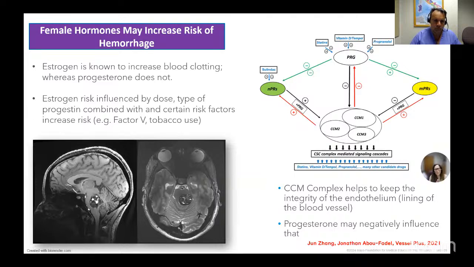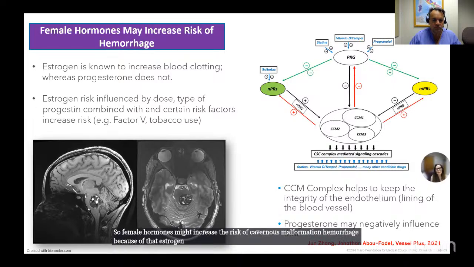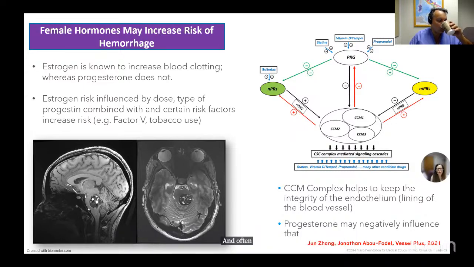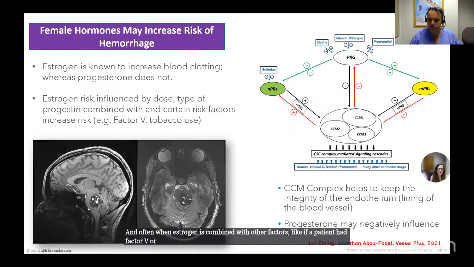So coming back to the female hormone question, female hormones might increase the risk of cavernous malformation hemorrhage because of that estrogen increasing the clotting risk, and estrogen does so in a dose-dependent manner, which may be why we see oral contraceptives having a higher risk than menopausal estrogens. And often when estrogen is combined with other factors, like if a patient had factor V or if they were on tobacco, that may further increase the risk.